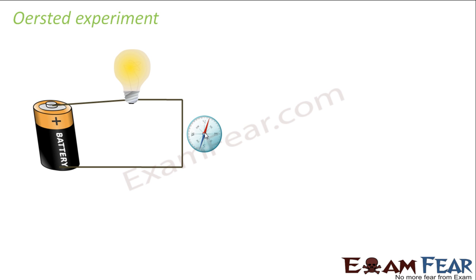Normally, when you bring this needle in front of a magnet, it shows deflection. That is acceptable because there is a magnetic field around the magnet. But in this case, there was nothing else other than the current carrying wire. So when he brought the magnetic needle in front of the wire, it showed deflection.